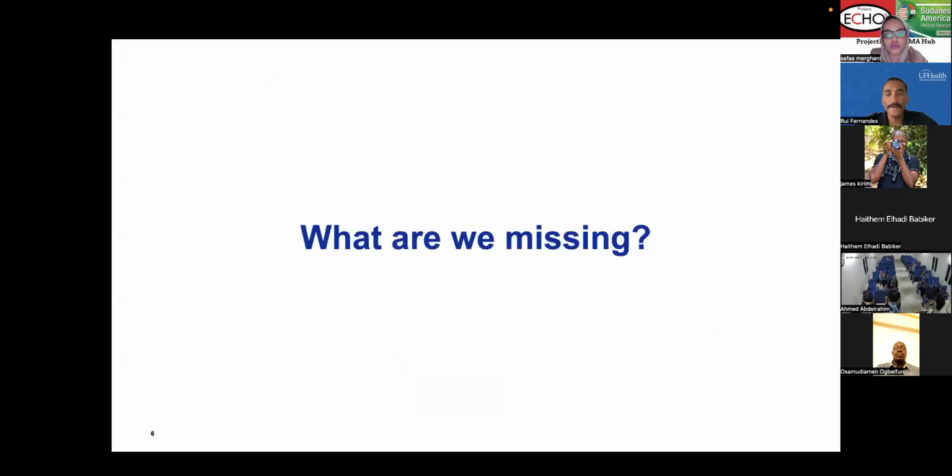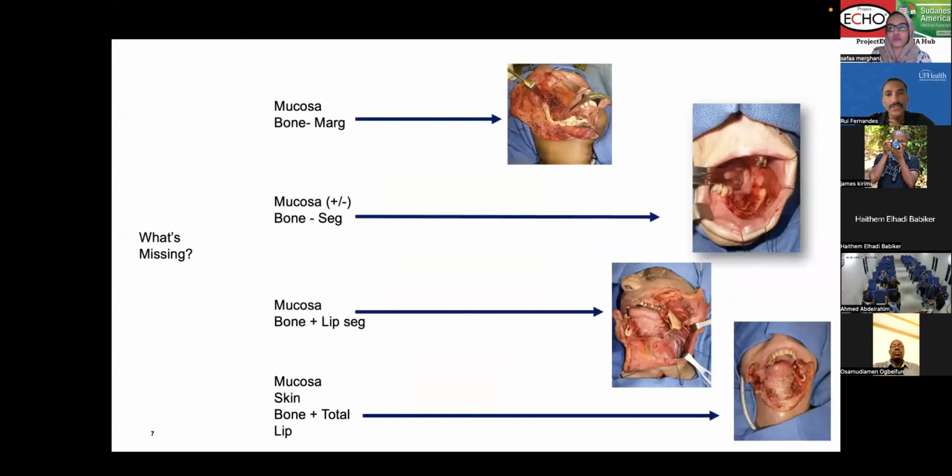So I think if you take a step back when you talk about mandibular reconstruction, as with any site, you have to decide what you are missing. And then from that question, am I missing just the mucosa, or a little bit of bone, or both? Am I missing through and through? Then you can decide how you are going to tackle this and reconstruct these patients.